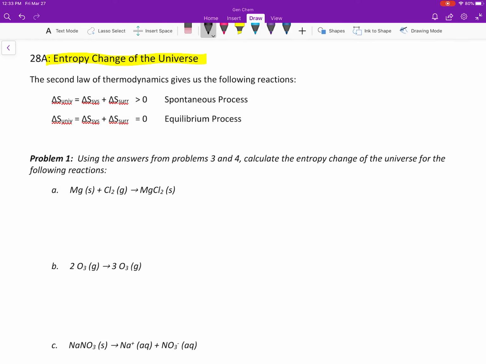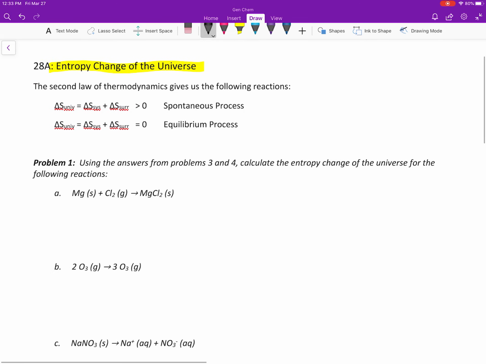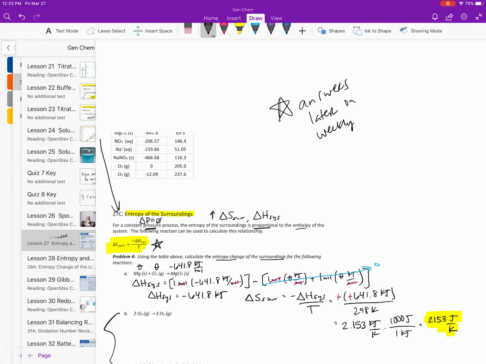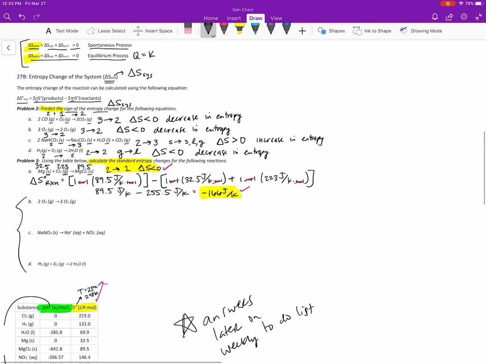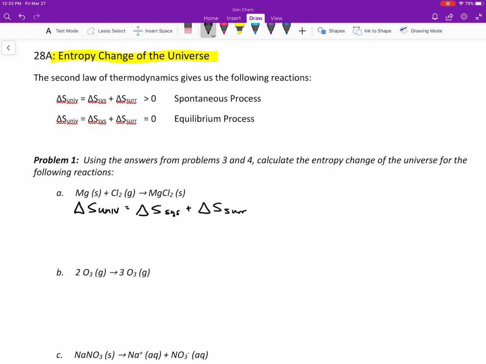So the one we did together was A. Sorry, there's something gross on my iPad. And so what we're looking at is entropy of the universe is equal to the entropy of the system, or the reaction, plus the entropy of the surroundings. So if I go back to my last lecture, the entropy that I calculated of the system was negative 166 joules per Kelvin.